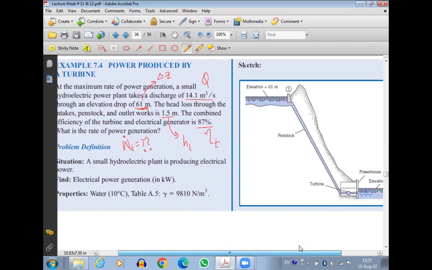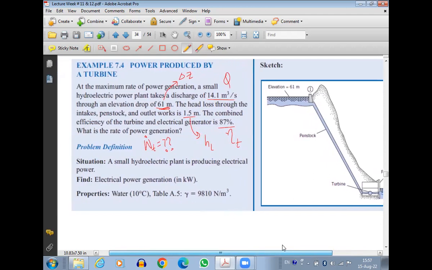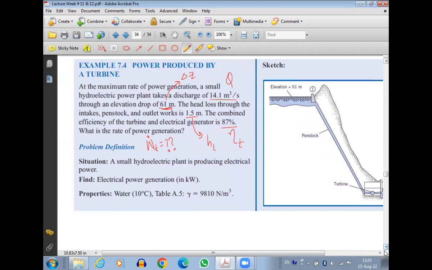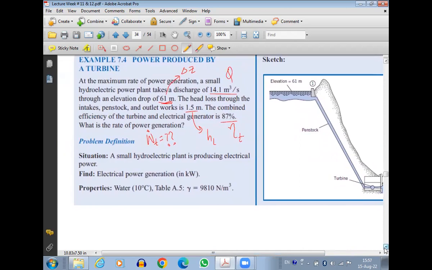Now we can apply the energy equation to solve this problem. How do we know we have to apply the energy equation? First of all, the head losses are mentioned, and head losses are there only in the energy equation. Also we are required to find the rate of power generation, and power generation can only be determined using the energy equation.